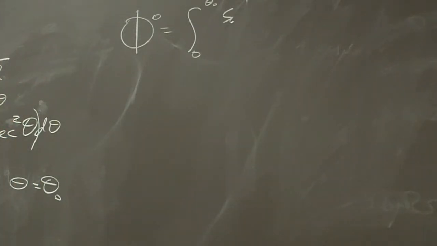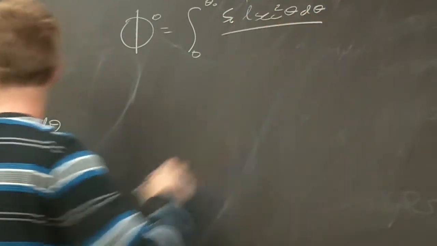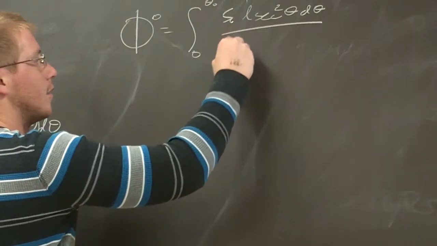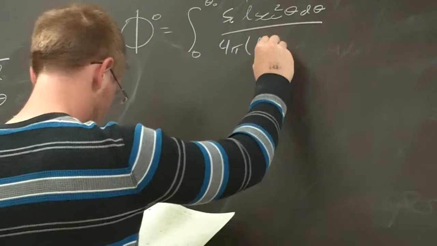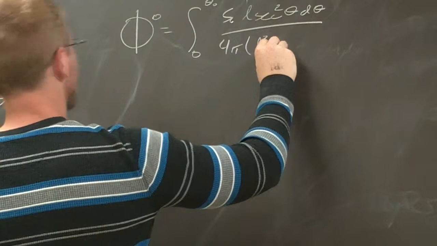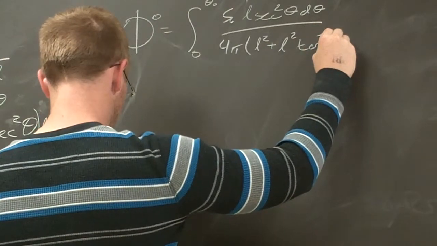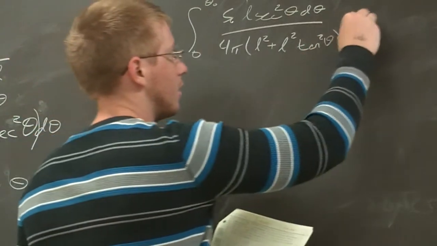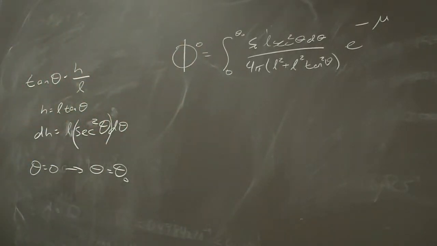So dh is going to equal L secant squared theta d theta. 4 pi times some stuff in there. 4 pi L squared, that's constant, plus L squared tangent squared theta, because h squared, we have to square this, and e to the negative mu, and r is going to be some value in here.